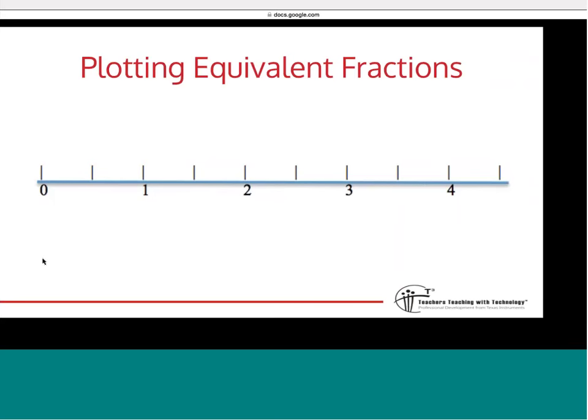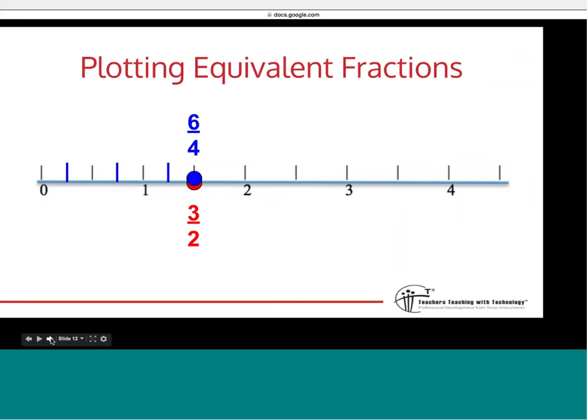So let's start with our original fraction, 3/2. It would look something like this, perhaps. And then I want you to think about where those other equivalent fractions that we just generated in our minds would appear in this same number line, okay? So let's add the equivalent fraction 6/4 to this number line. You'll see I've partitioned this number line into quarters, and 6/4 ends up in the exact same location as 3/2, okay?